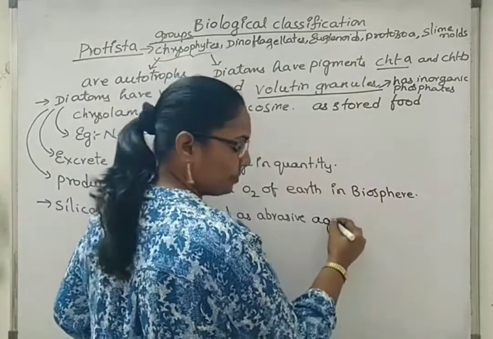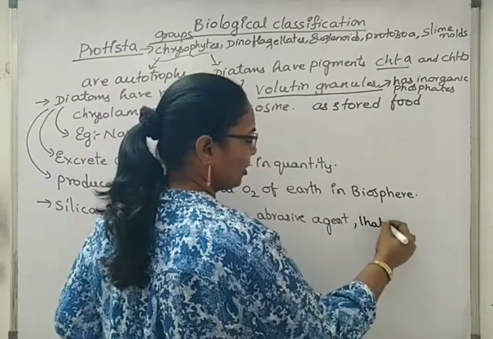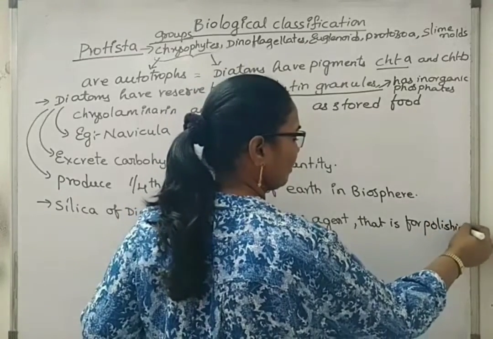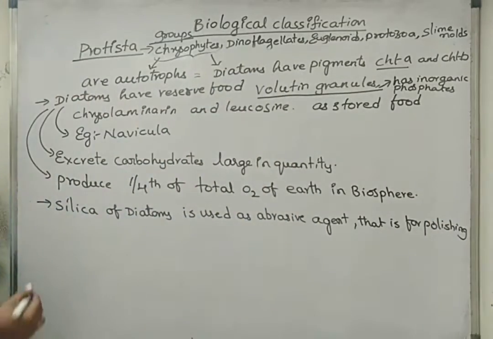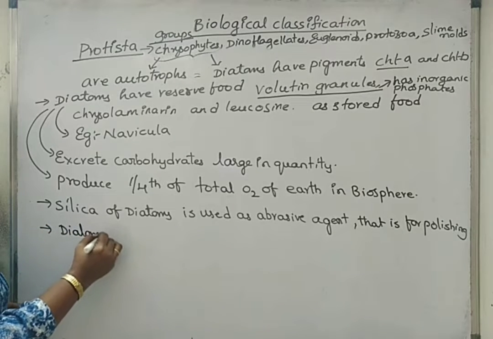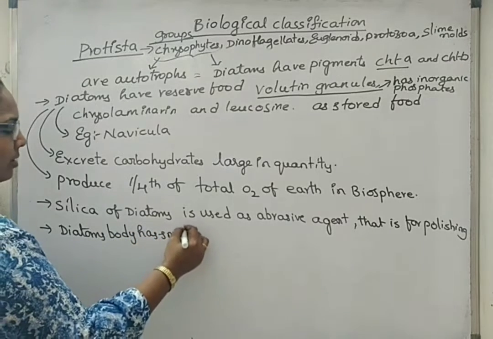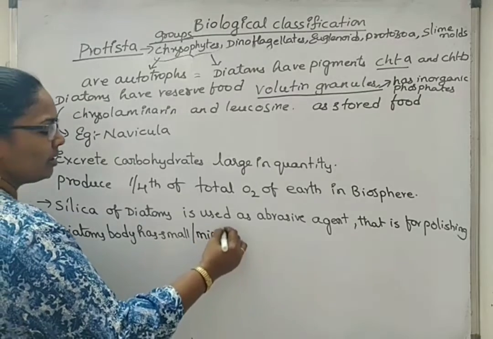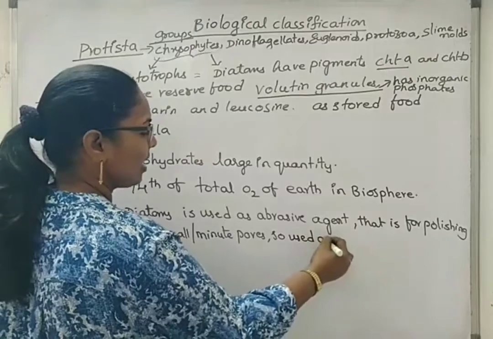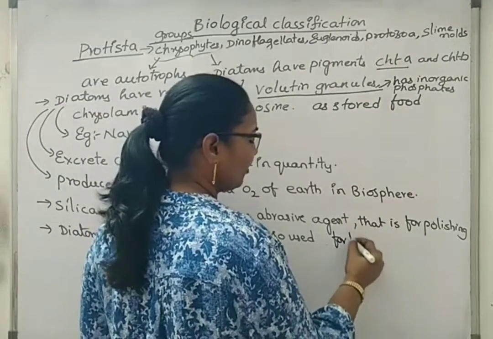It is an abrasive agent used for polishing. Diatoms' bodies have small minute pores, so they are used as filtering agents or for filtration.